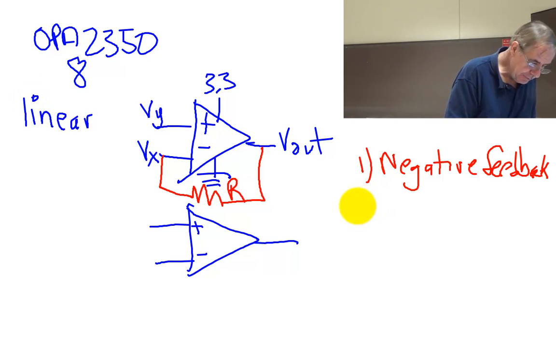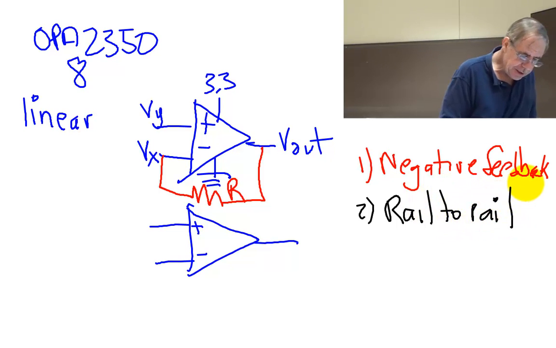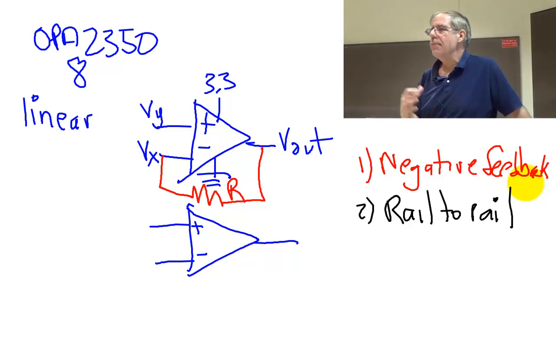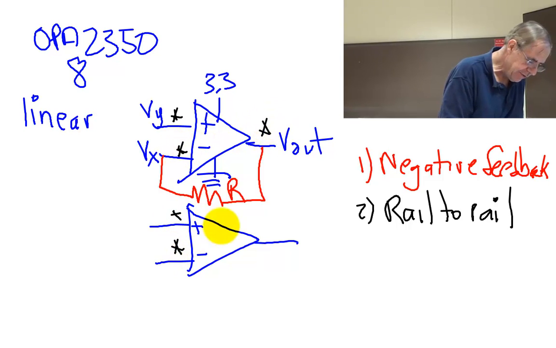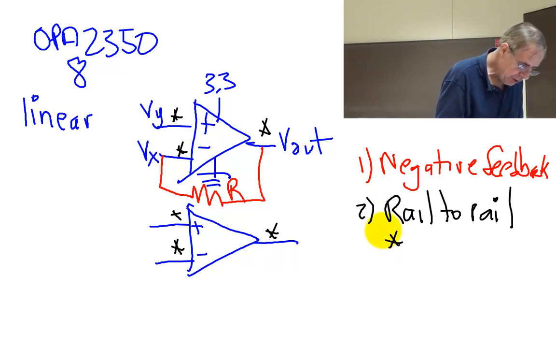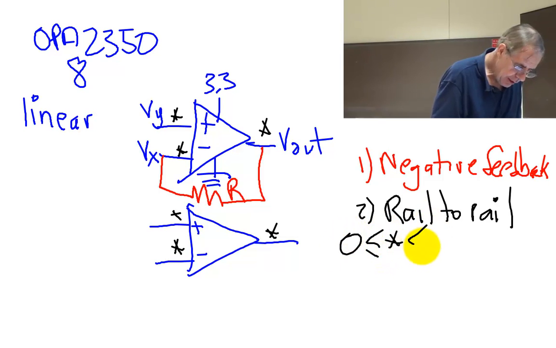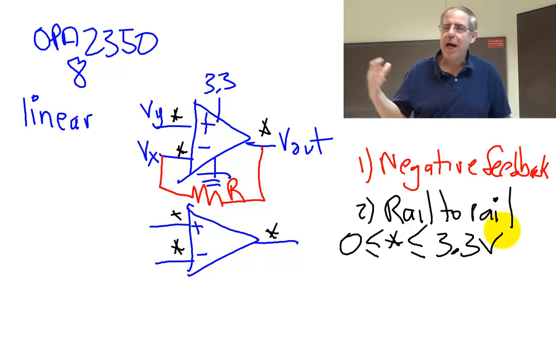Rule number 2 is the fact that this is called rail to rail. Okay? And the general rule about op amps is that all 5 of these voltages must be between the voltage terminals that I've powered it up with.